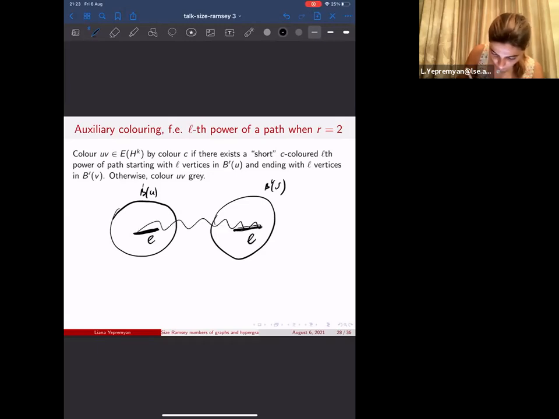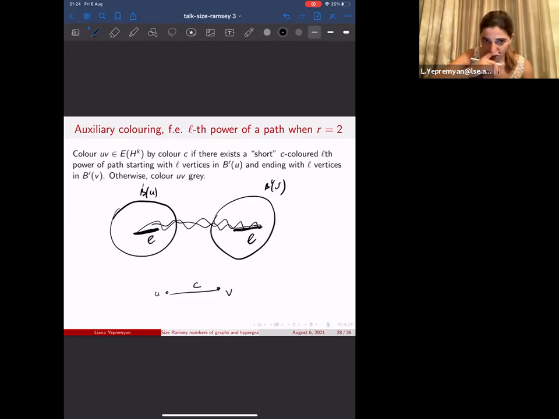Okay, if there exists some short tight path, well, for r at least 3 it's a bit different, but for say uniformity 2, then if there exists such a short path, I'm going to color the edge UV by color C. And if there is no such path, then I'm going to color it gray.